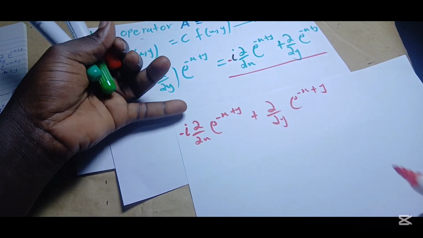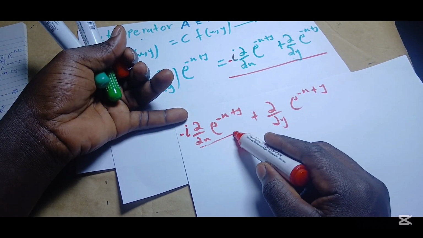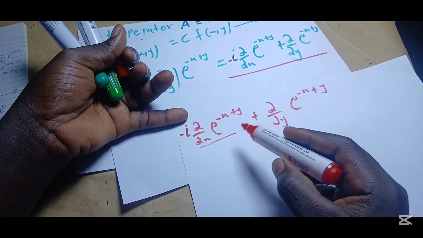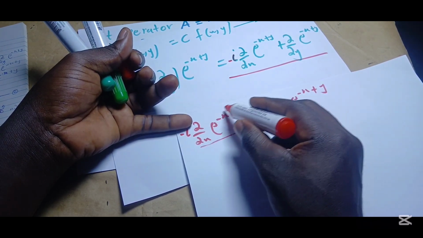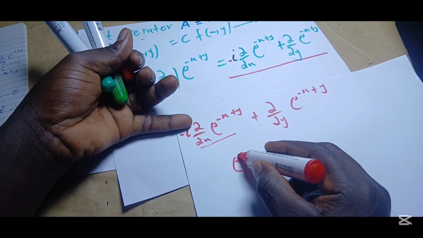So here we are differentiating this term with respect to x. So differentiating this term with respect to x, we just write the exponential function.